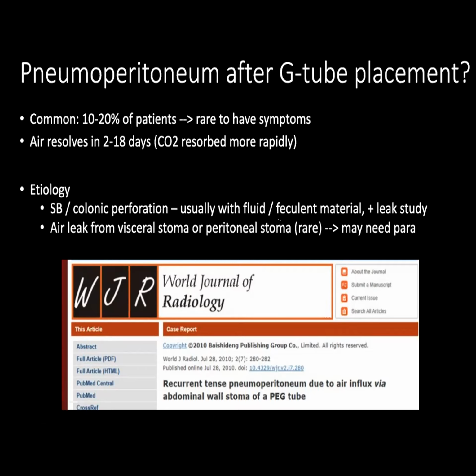So I think in my case, this was probably a leak from the peritoneal stoma, which means that air was going in a one-way valve from the atmosphere into the abdomen. For some reason there was lower pressure in the abdomen, and it was filling up over time because his symptoms got worse over the 6 days after G-tube placement. And so I think the air was able to enter the abdominal cavity and not get out. And this was a similar case report where they got tense pneumoperitoneum over time after a PEG tube placement, and they also thought it was from the abdominal wall stoma.